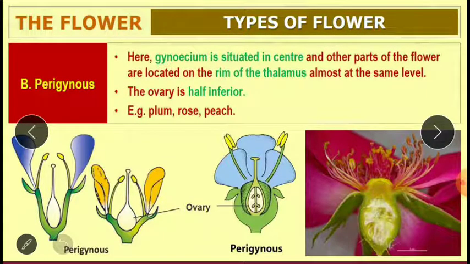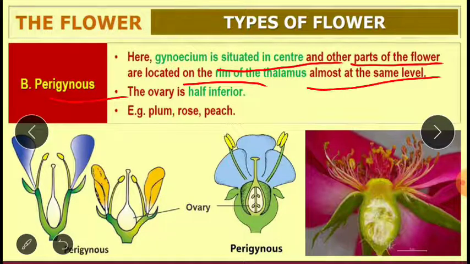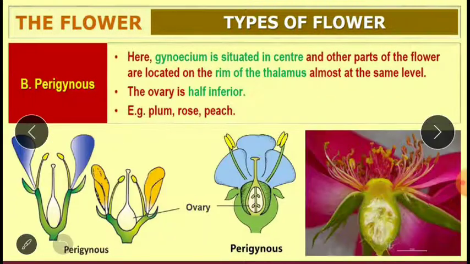The second type is going to be a perigynous flower. So your gynoecium is situated in the center and other parts of the flower are located at the rim of the thalamus, almost on the same level. So they are going to be present at the same level as the ovary. All are going to be at the same level, as you can see over here.